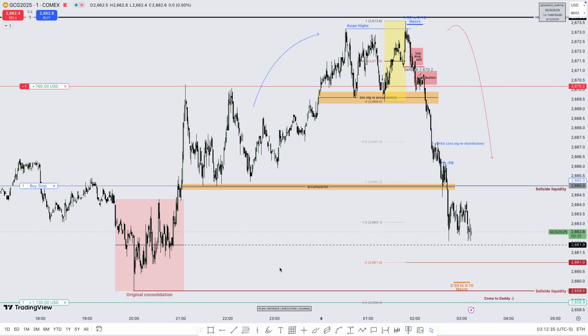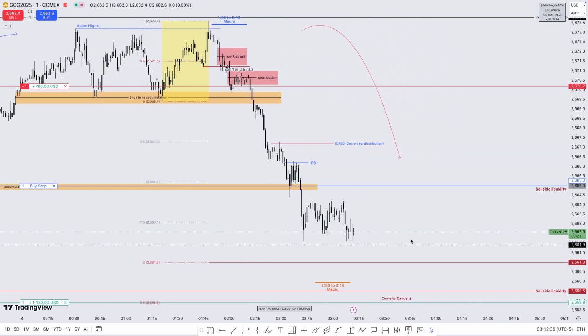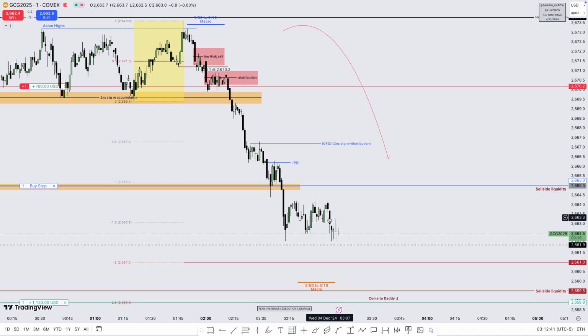It's silver bullet hour now, so I think this is the silver bullet. And silver bullet is actually a continuation of whatever program is in motion. So far, we are in a sell program.